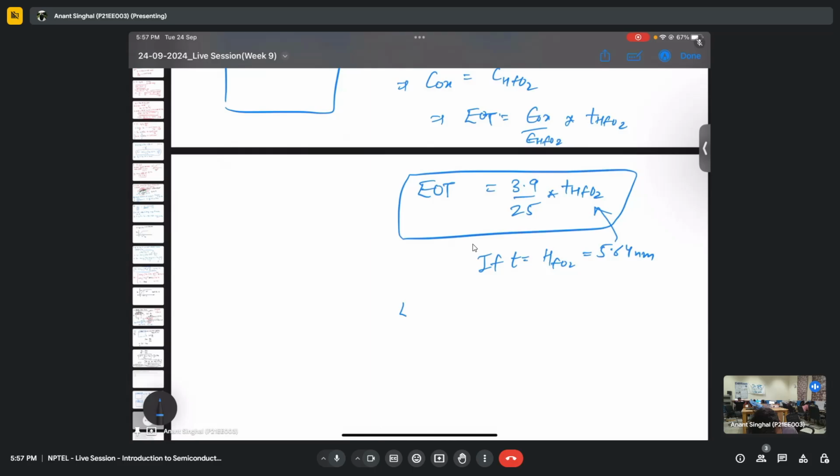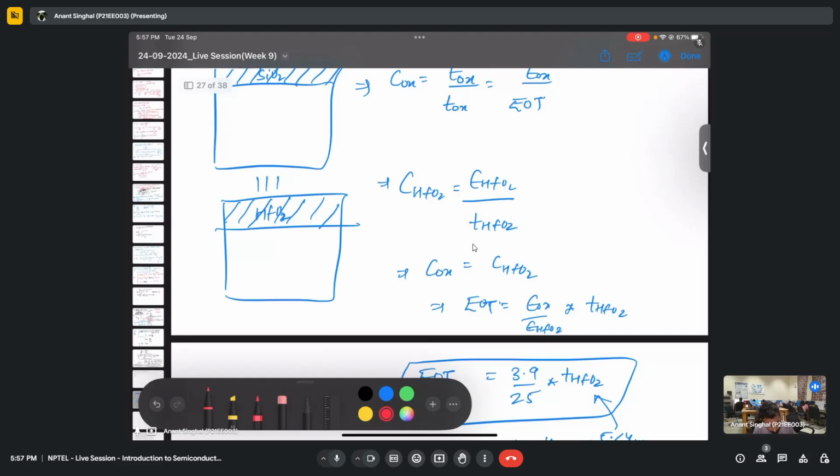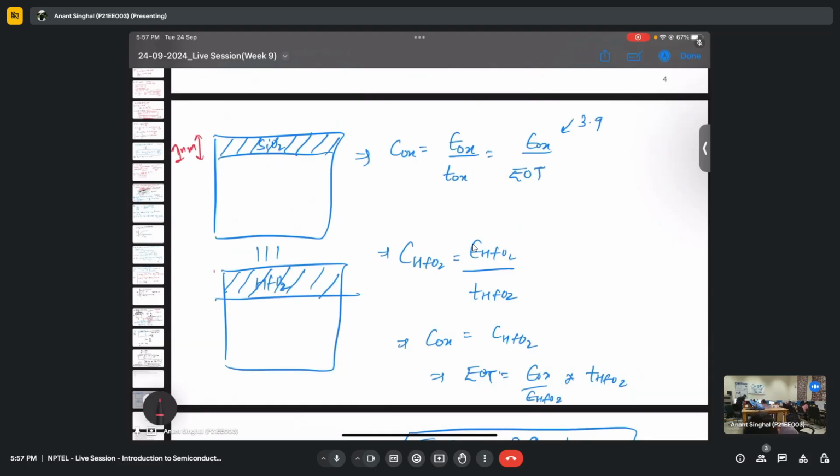So what it is denoting is, if I took 1 nanometer of SiO2 initially, and if I replace it with HFO2, I need to have a thickness of 5.64 nanometer for that. Only then will these two things have the same characteristics.